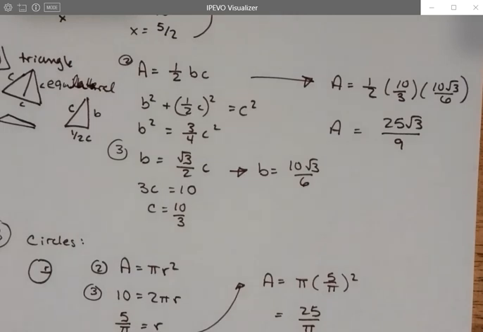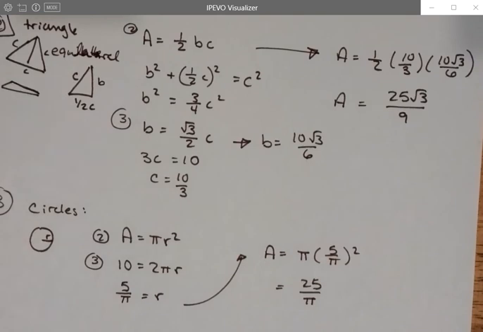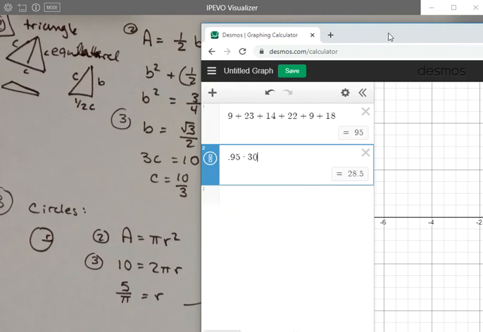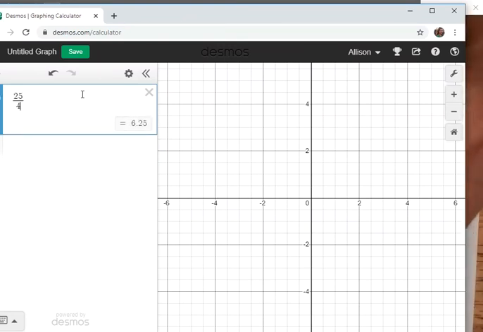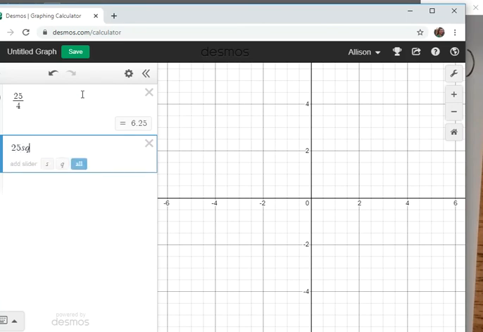Okay, so out of these three shapes, we need to compare those areas. I'm going to make them into decimals just to make it easier to compare. The first one, for the square, we said it was 25 fourths, and so 25 fourths is 6.25 square meters. For the triangle, we said it was going to be 25 times the square root of 3 divided by 9, so that's worse.